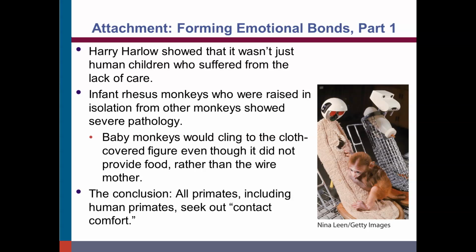Okay, we're going to start taking a look at attachment styles. Attachment is how babies form emotional bonds with other humans. Basically, you can see here really quickly, from this visual image, that this young monkey is clinging on to what it thinks is another monkey, maybe a larger monkey like its mother, and is clinging because it's seeking out.